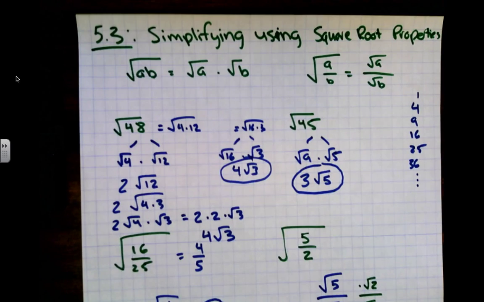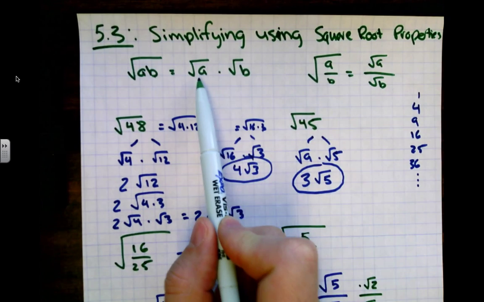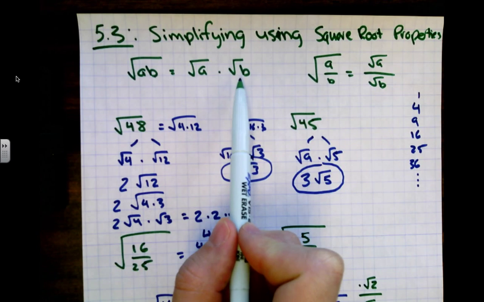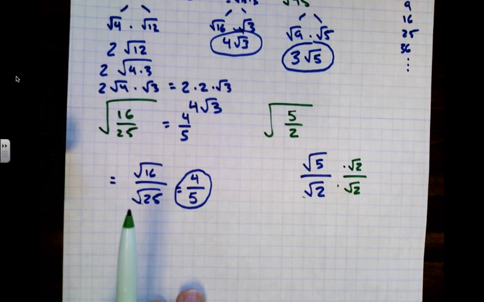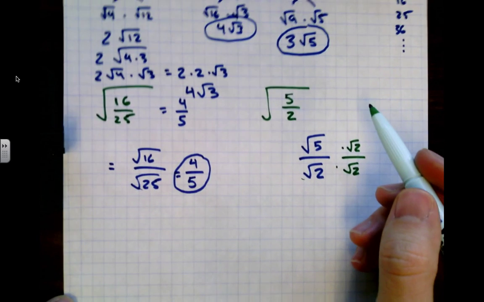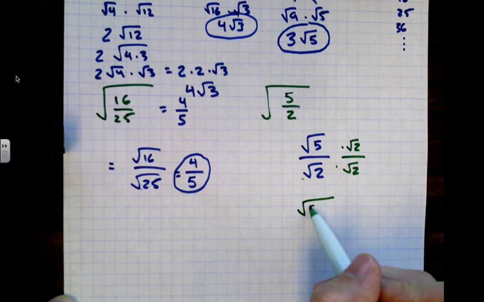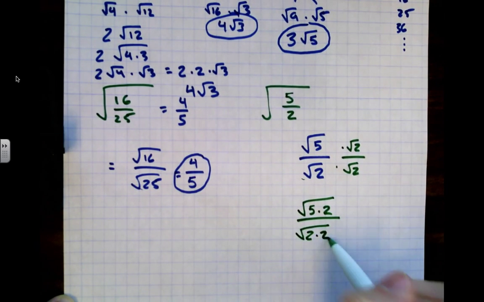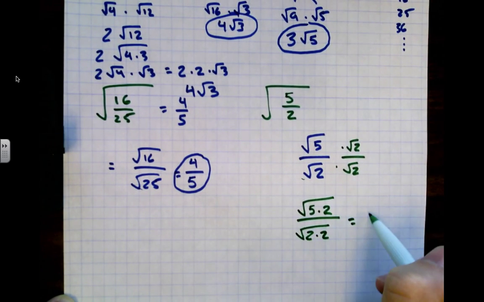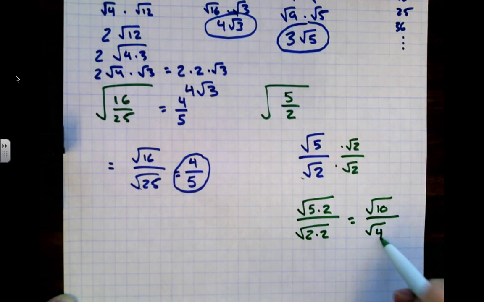Using the rule from above, if I'm multiplying two numbers underneath the square root sign, I can combine them and just multiply their contents. So I multiply together 5 and 2, and I can also multiply together 2 and 2 down here. So I have the square root of 10 over the square root of 4.